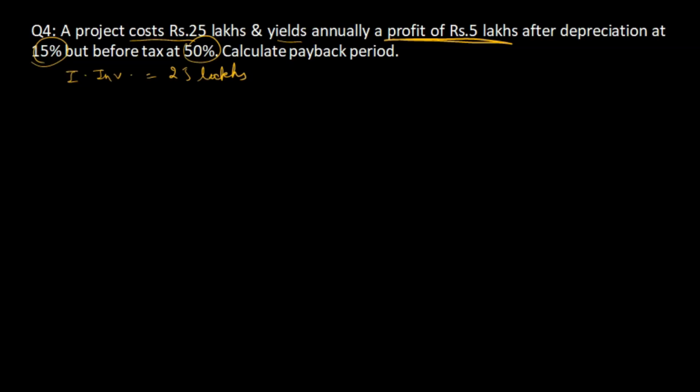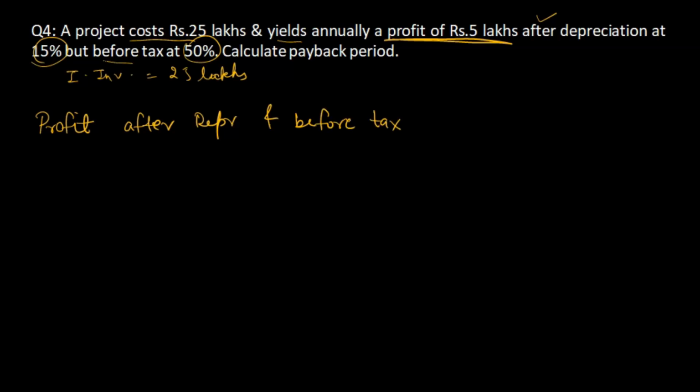So from the profit, depreciation is deducted because they have mentioned after. But tax is not deducted, because they have mentioned before tax. So profit is given as after depreciation and before tax.